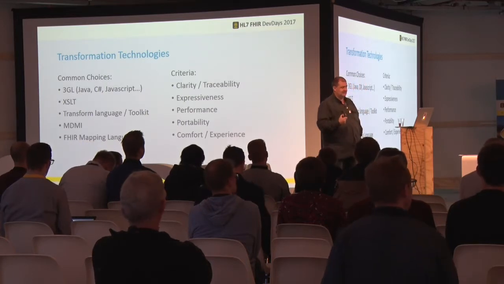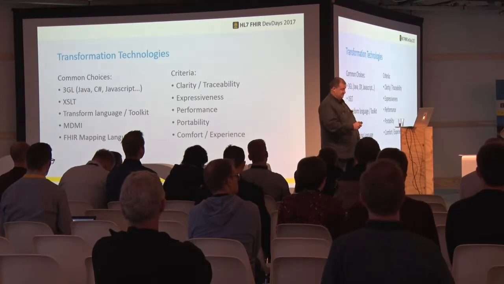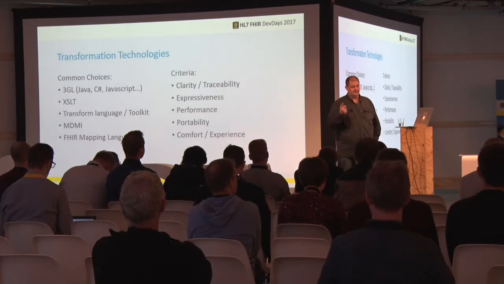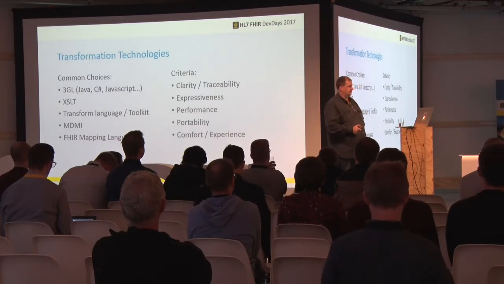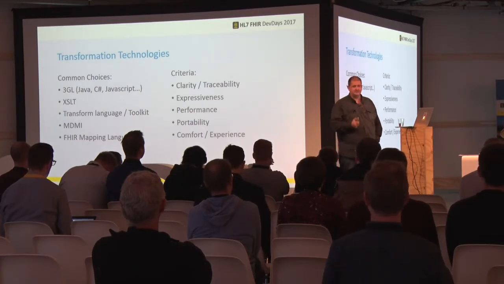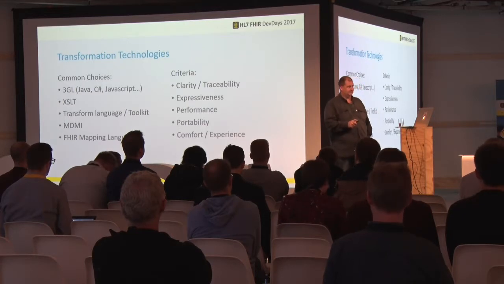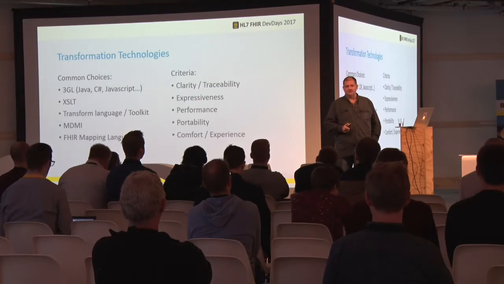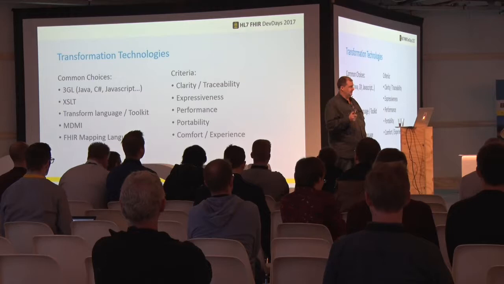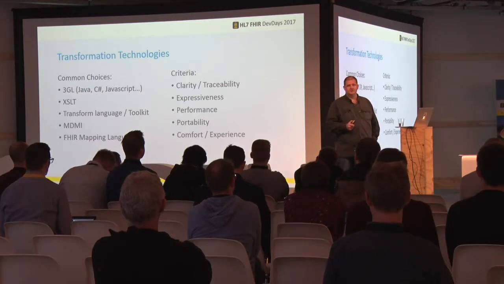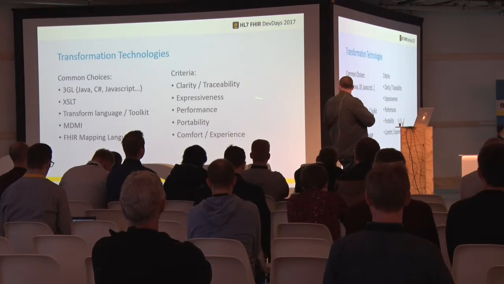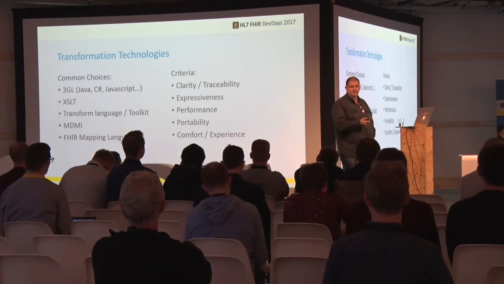Because I've never seen transforms that don't require significant amounts of maintenance on an ongoing basis. And if I go into any healthcare institution and talk to them about pain points, ongoing maintenance of transforms is not the words they use, but it's the facts they tell. And so there's a lot of technical debt in badly documented, badly organised transforms, and in particular, a lot of transform language toolkit approaches that come with interface engines.